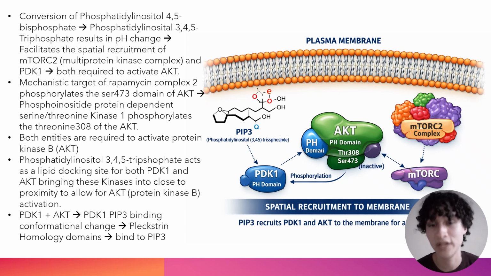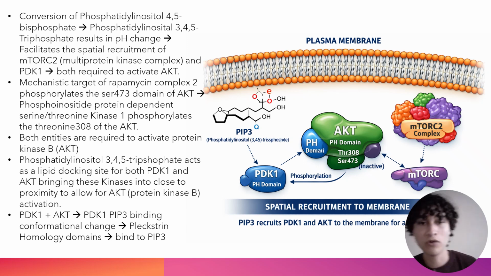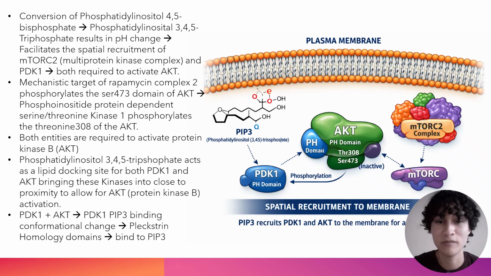That's really important, integral to their function. So the mTORC2 complex will phosphorylate that serine domain of the protein kinase B, whereas your phosphoinositide protein-dependent kinase 1 will phosphorylate the threonine of the protein kinase B.